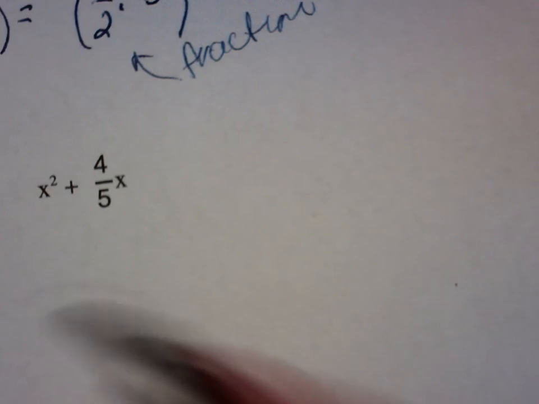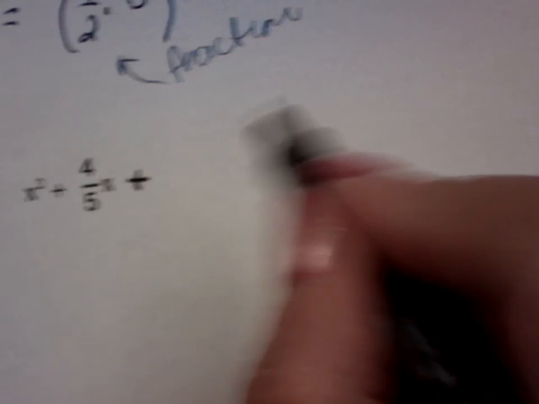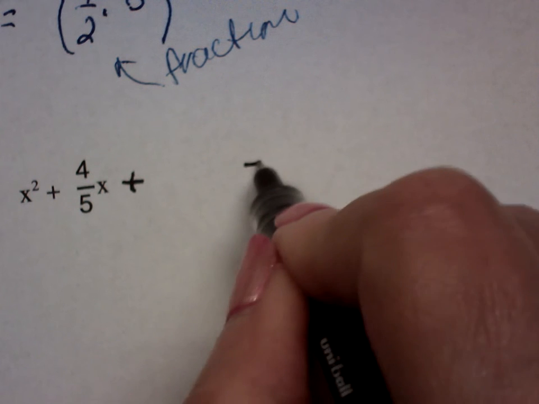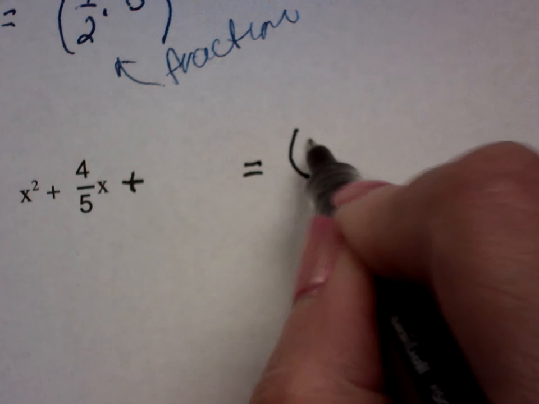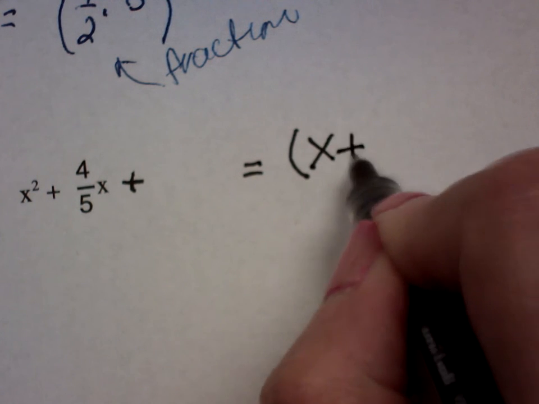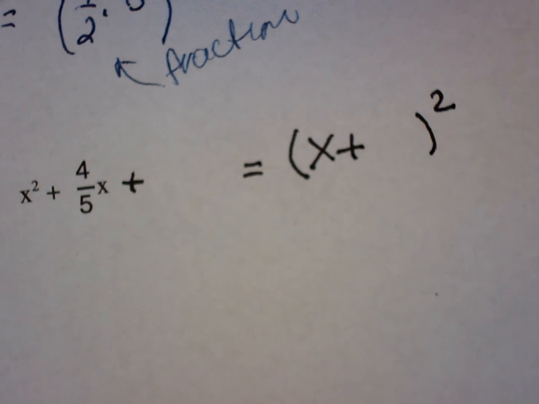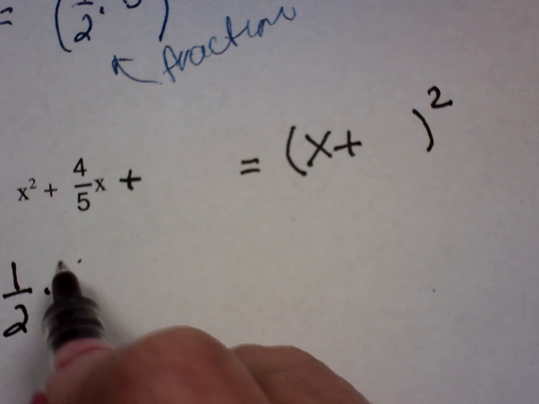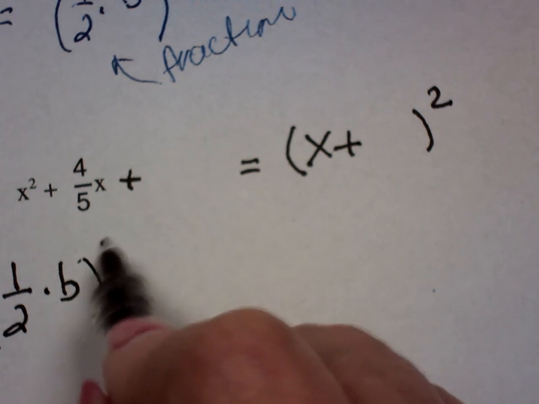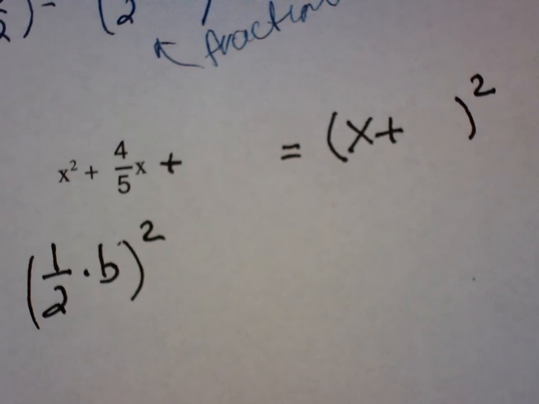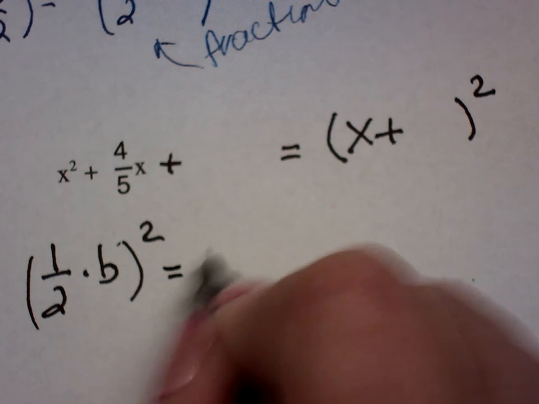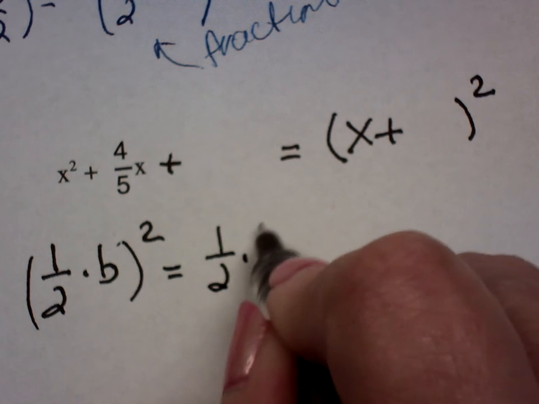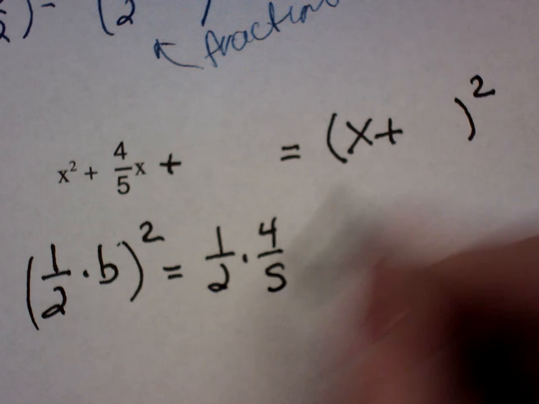Okay, so here we go. So I want to add something. So I have a perfect trinomial square, x, center sign is plus, squared. Since this is a fraction, I'm going to take 1/2 times b and square it, which is 1/2 times 4/5.